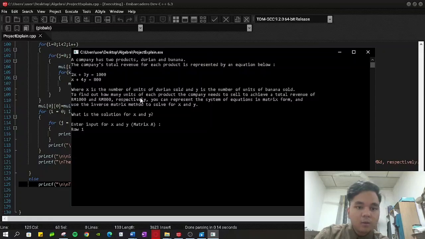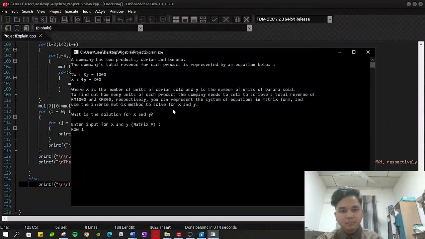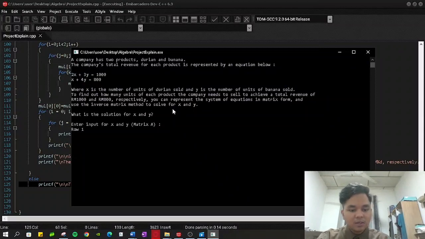To find out how many units of each product the company needs to sell to achieve a total revenue of 1000 ringgit and 800 ringgit respectively, you can represent the system of equations in matrix form and use the inverse matrix method to solve for x and y. What is the solution for x and y? That was the question.